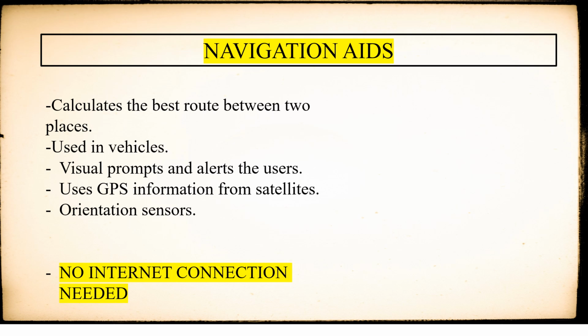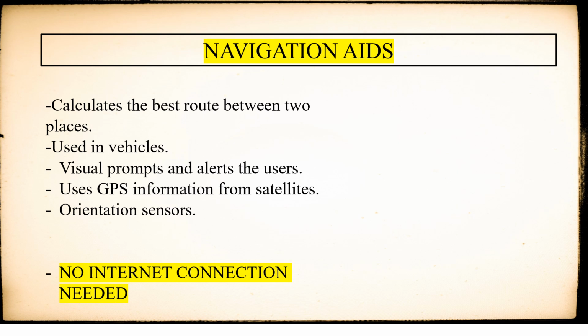Navigation aids work with the help of GPS, that is, the available satellites. We have learned about GPS trilateration. Three satellites revolve around the earth, able to cover the whole earth. So with the help of GPS we are using navigation.